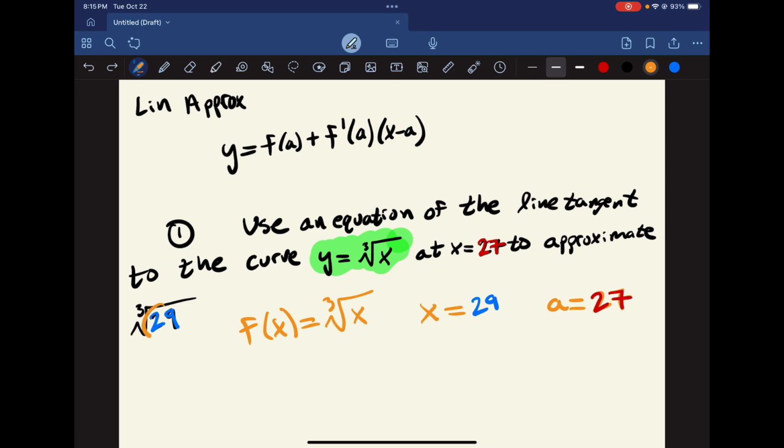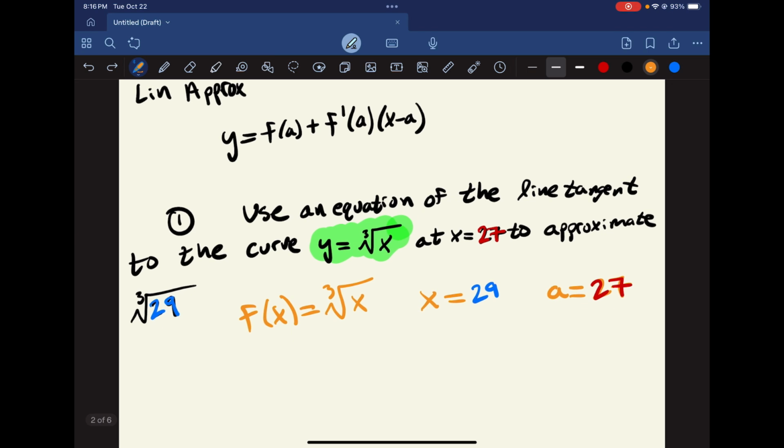So our a is just a straight up number, not like a function or a cube root or an exponent or anything, just a single number that we plug into our f of x that we can figure out easily. And then our x is the number that we can't figure out easily, but it's kind of close to the number that we can figure out easily.